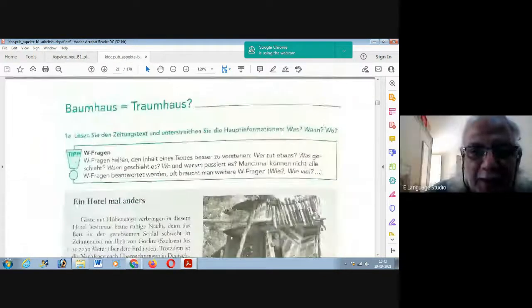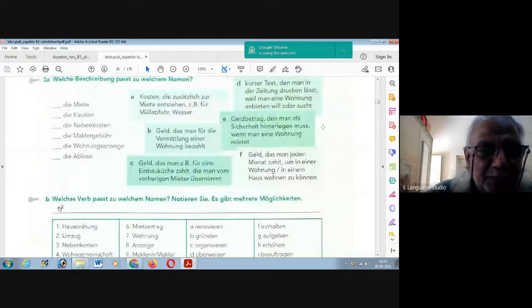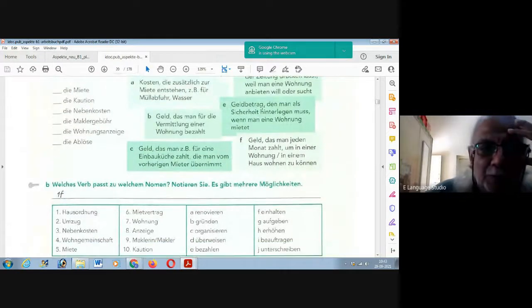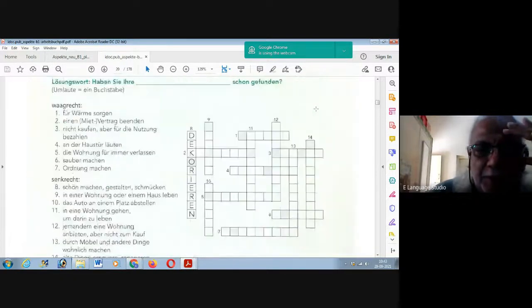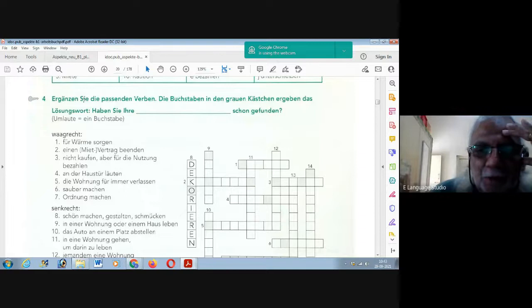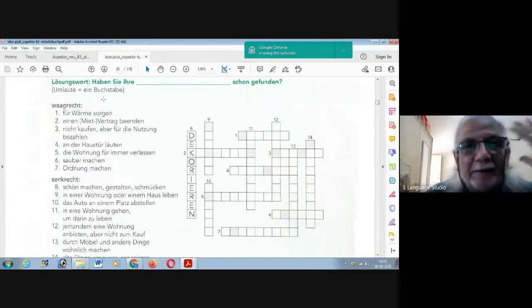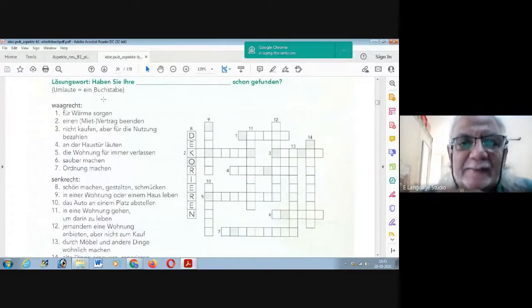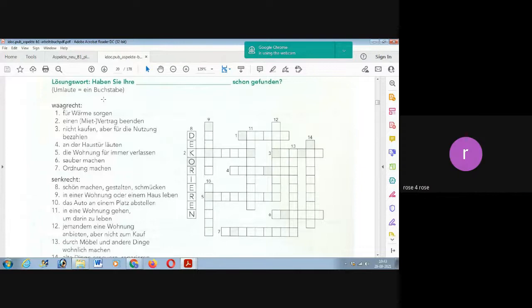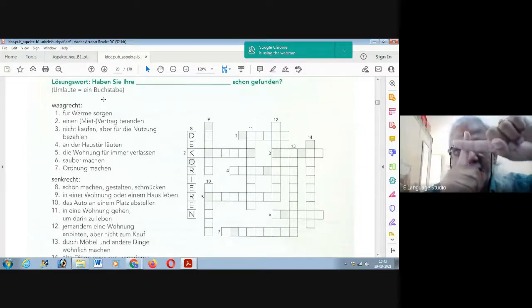Hat jemand Fragen dazu? Also Miete, Kaution, Nebenkosten, Maklergebühr. That you can try for fun later. These are Kreuzworträtsel, crossword puzzles. Kreuz, K-R-E-U-Z, das Kreuz, cross.